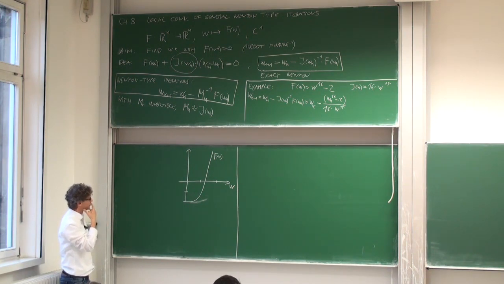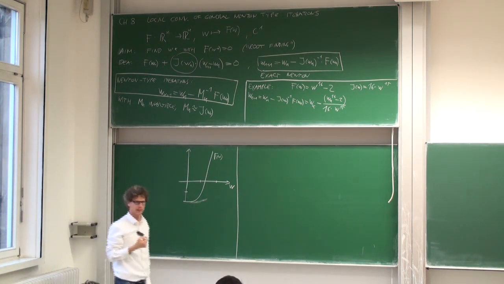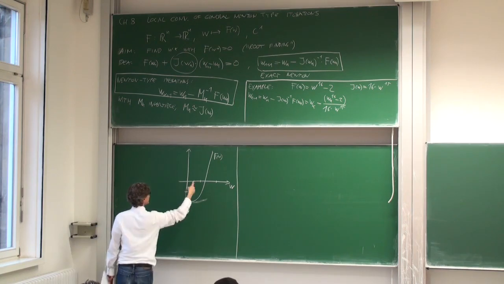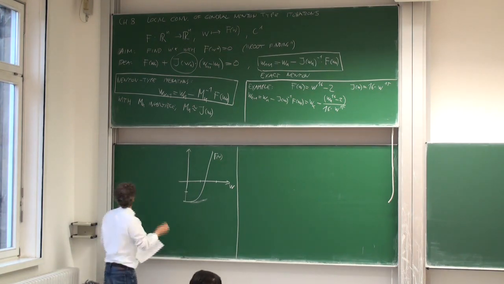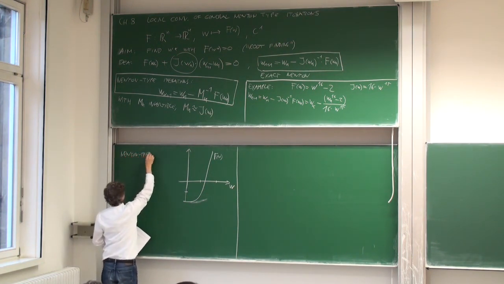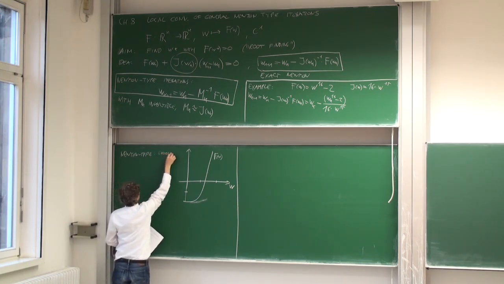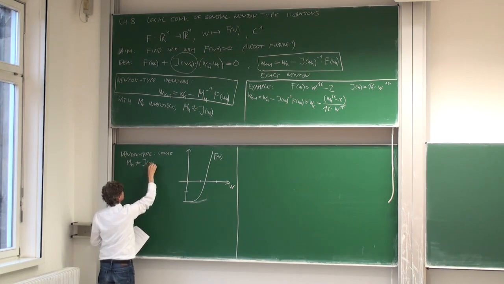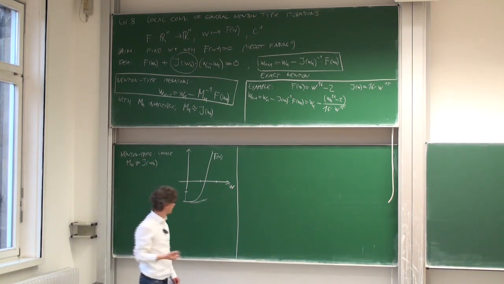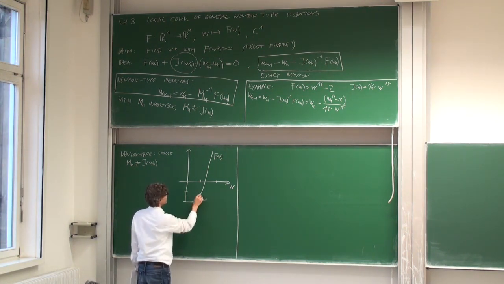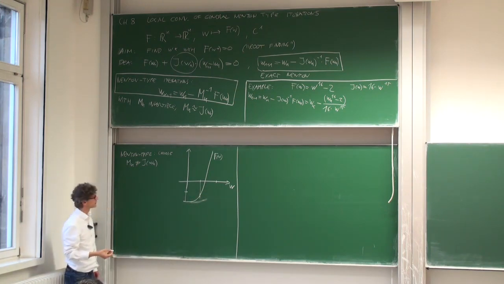And what would be a Newton type method? A Newton type method would now choose something like a different m in every iteration, which is not necessarily equal to the Jacobian. We choose mk different than j of wk. And I just want to give you an idea of what we could choose. We could choose, for example, the derivative at this point, just to make it simple, because I can evaluate it quickly.